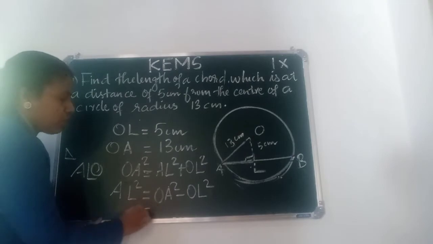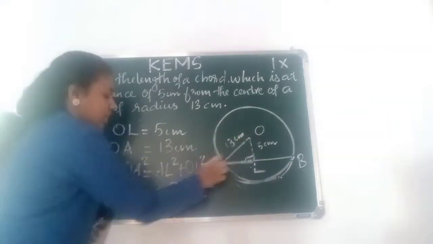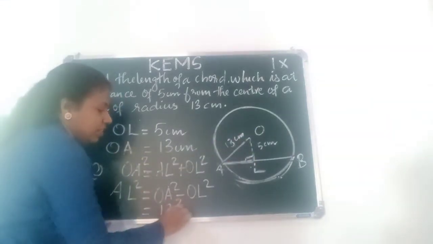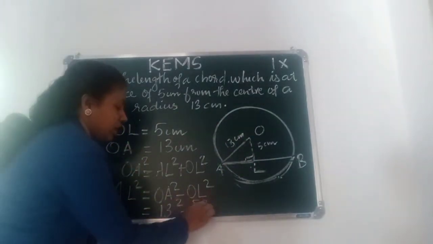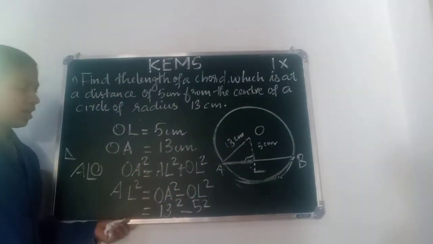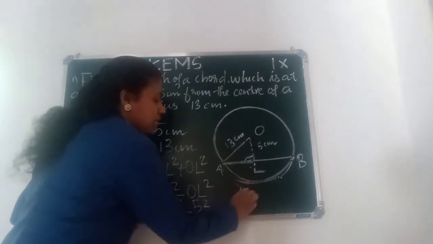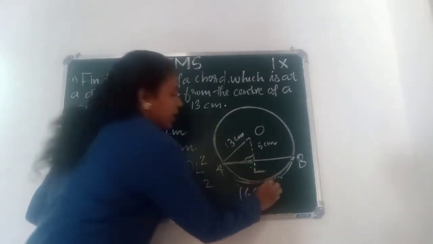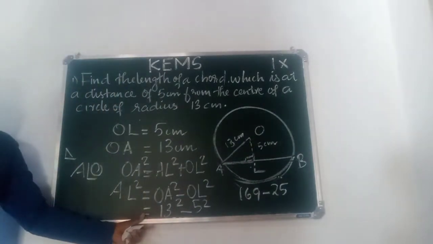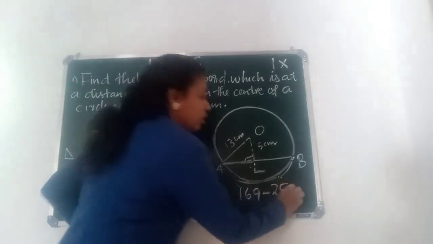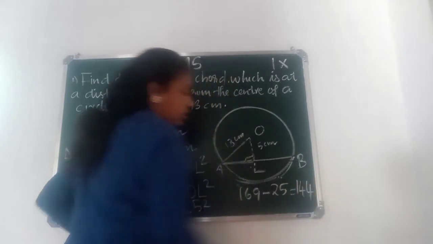What is OA square? OA is given, 13 square. Then OL is also given in the question, 5 centimeter, 5 square. Now what is 13 square? 13 square equals 169 and 5 square is 25. 169 minus 25 equals 144.